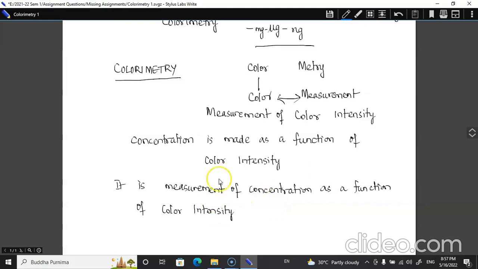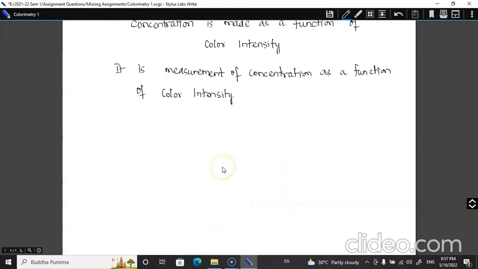So now let us see what is color. I hope you have an idea about color.